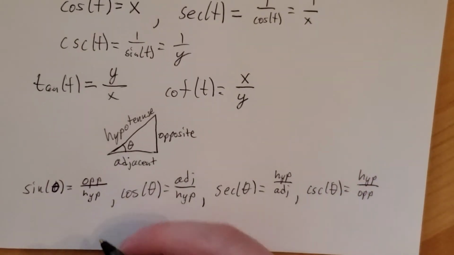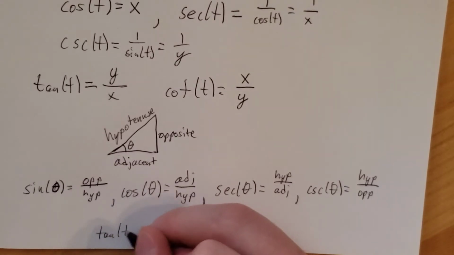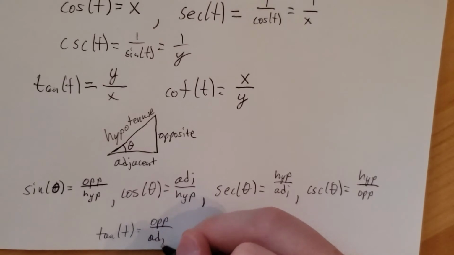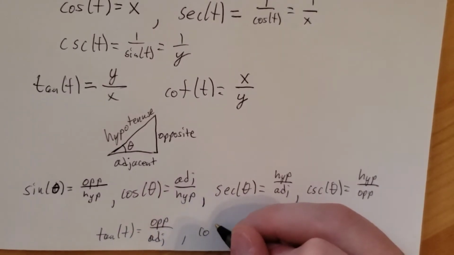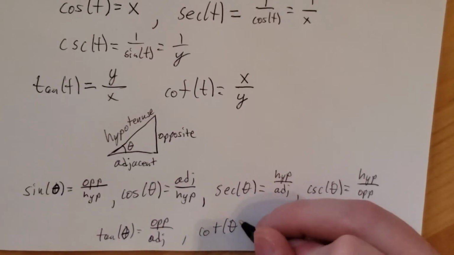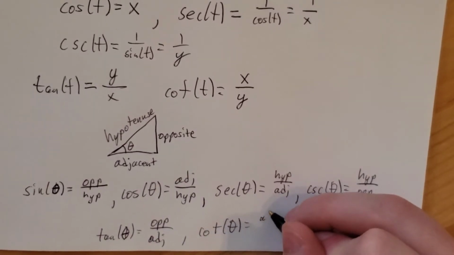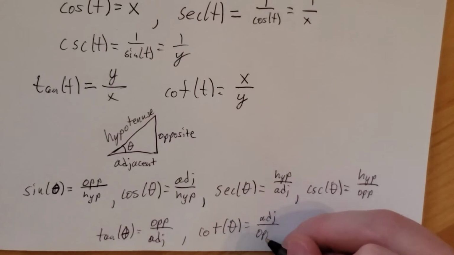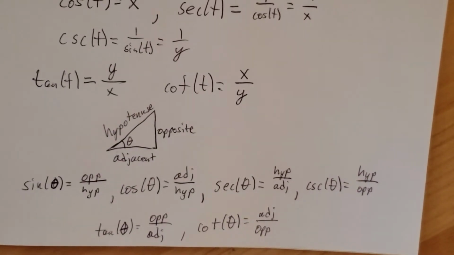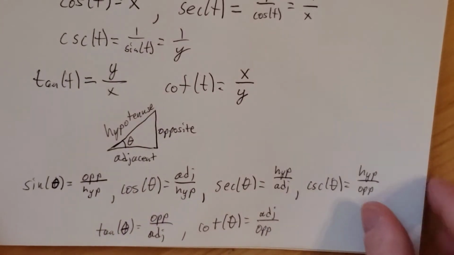And finally, tangent of theta is opposite over adjacent, and cotangent of theta is equal to the adjacent side over the opposite side. And that's how we define our 6 trigonometric functions. Now let's get some practice with that.